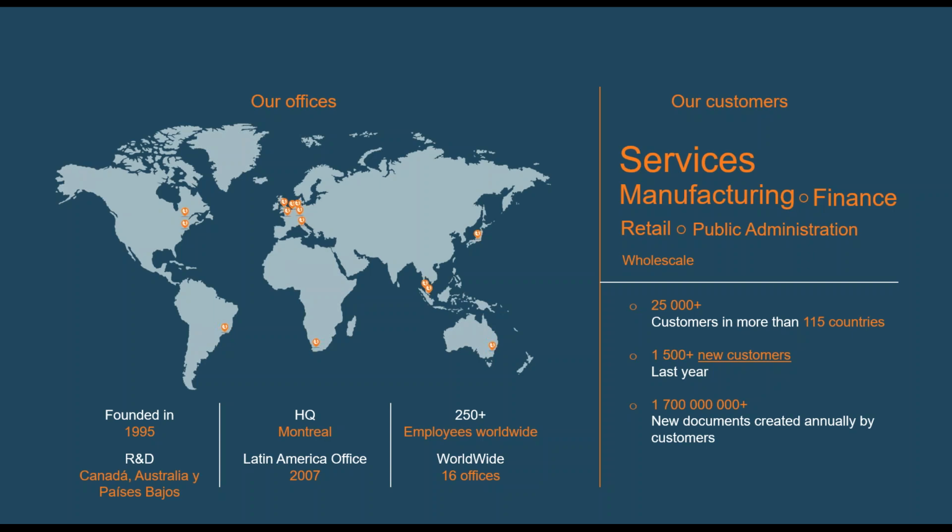Our Latin America office is based in Brazil. It covers Mexico, Central America, Caribbean, and South America. It was launched and created in 2007. Since then, I've been working in the company. We have more than 250 employees worldwide at 16 offices.